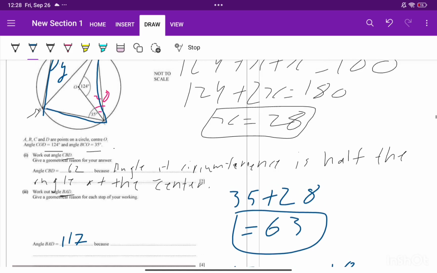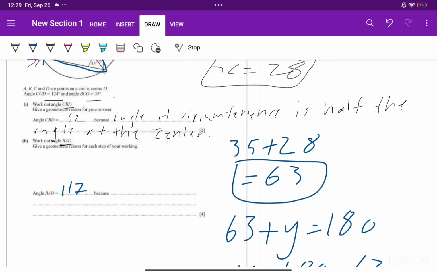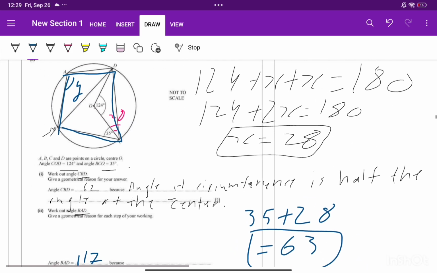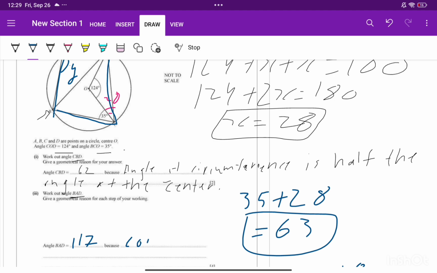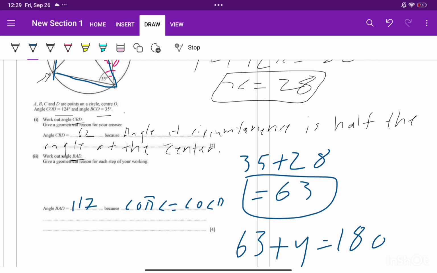And we can write that angle ODC is equal to OCD because of the isosceles triangle.